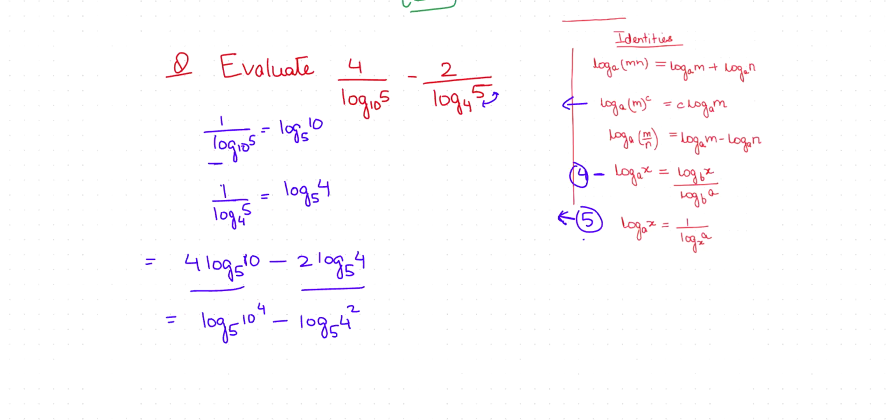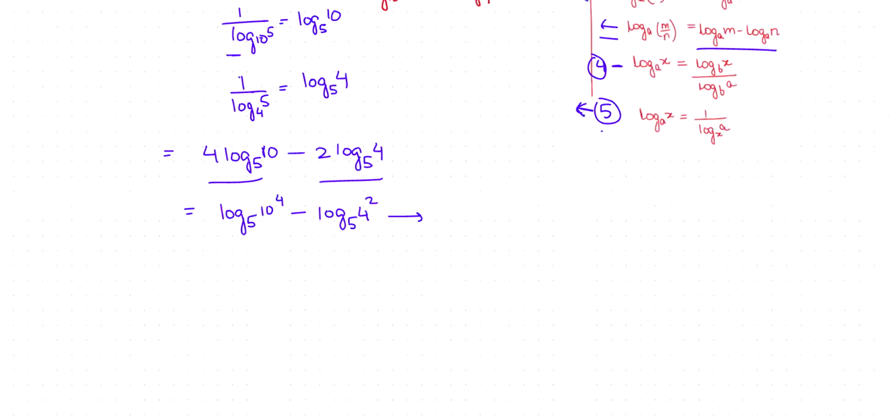So we used property 3 and simplified this. This we are doing so that we can use the quotient rule in the next step, because both have the same base. So we will be able to use the quotient rule. So 10 raised to power 4 we'll write, and 4 raised to power 2 is 16.